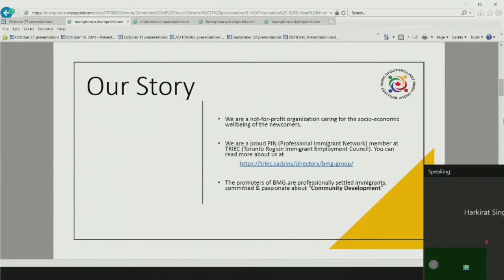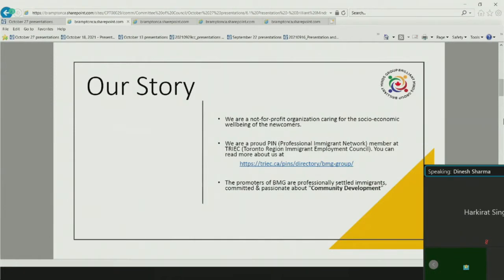So our story: we are a not-for-profit organization caring for the socio-economic well-being of the immigrant community or the newcomer community. We are a proud member of the Professional Immigrant Network of Toronto Region of Immigrant Employment Council. You can check the TRIAC website. The promoters of BMG are professionally settled immigrants, committed and passionate about community development.